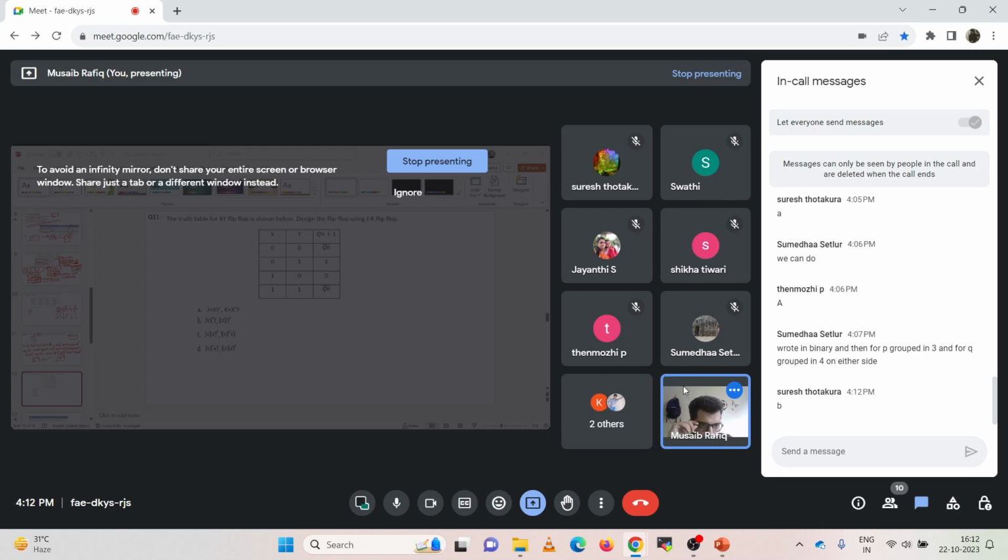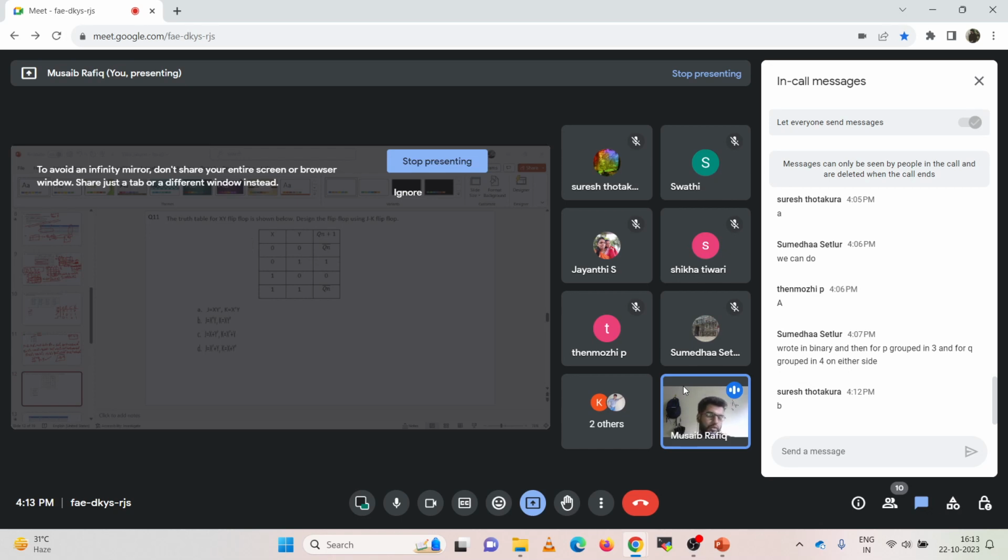One of the students wrote in binary, then for P grouped in 3 and for Q grouped in 4 on either side. Yeah, that's another way. Definitely, you can do it like that. And that's the beauty of these live sessions.